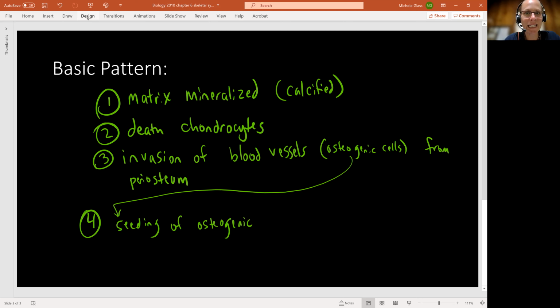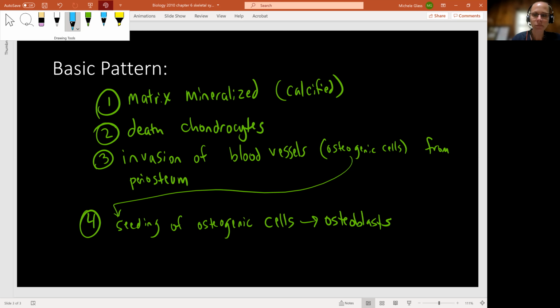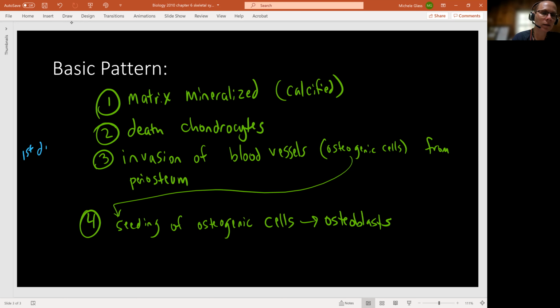I like this phrasing, the seeding, because I love the garden. I think that's a great analogy. Seeding of osteogenic cells, which ultimately become osteoblasts. The other thing to pay attention to is that this happens first in the diaphysis, and we call that the primary ossification center. And then secondly, it's happening at the epiphyses, plural form, both ends, and we call those ends the secondary ossification centers.